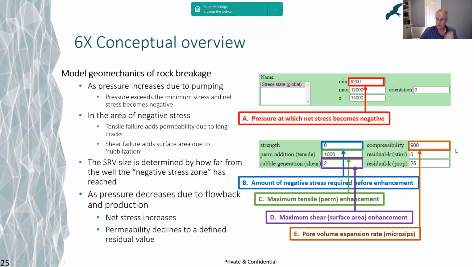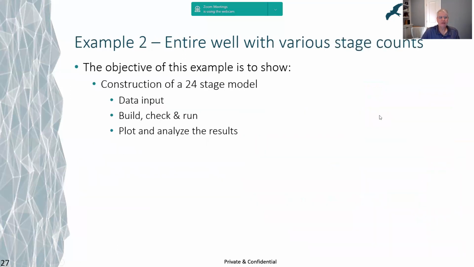So these are all the controls on how the fracture will propagate when we breach the initial stress state. How it will close is based on these specifications here, where these are percentages of the maximum amount of enhancement achieved. Okay, so let's look at that operational example.